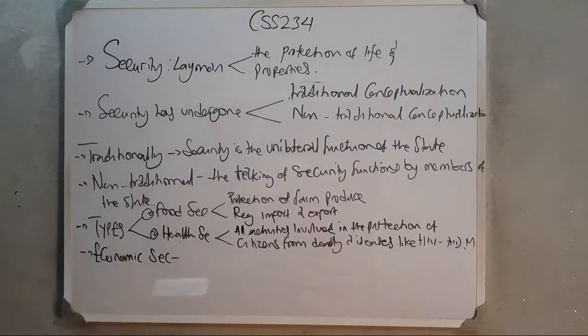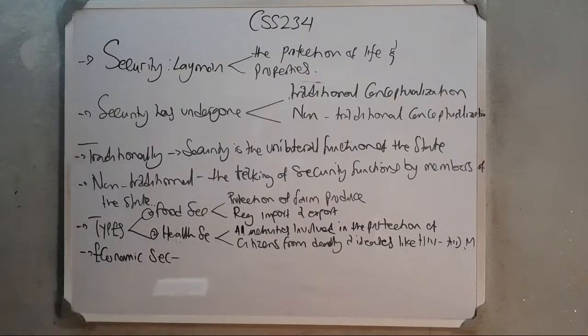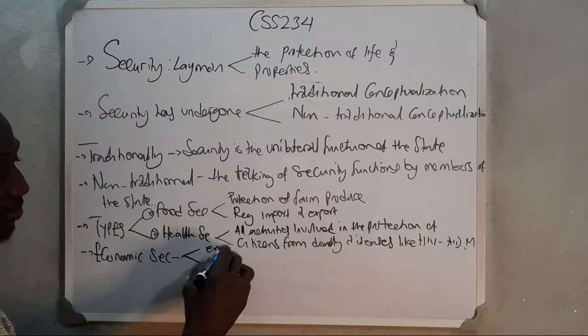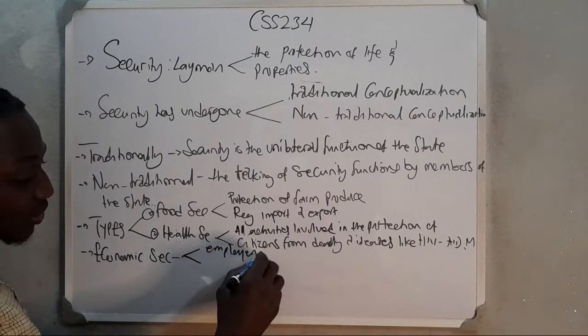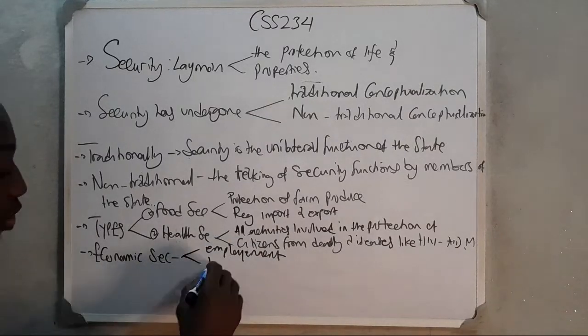Now, this is the type of security that involves the state ensuring that every individual of that state, every citizen of that country, gets employed by every means necessary, with employment and what we call a living wage.